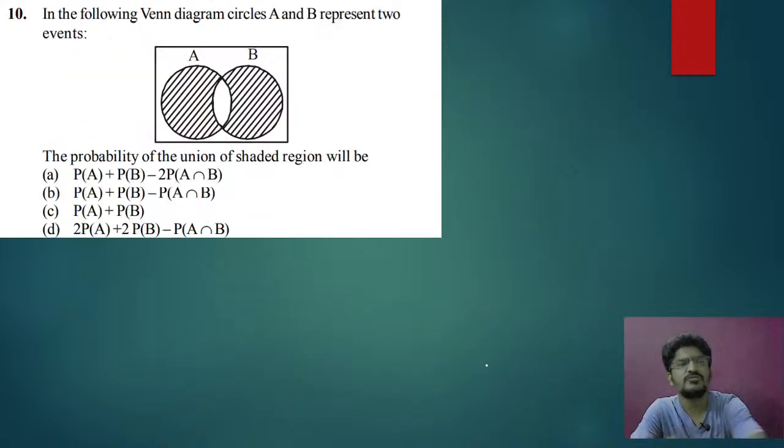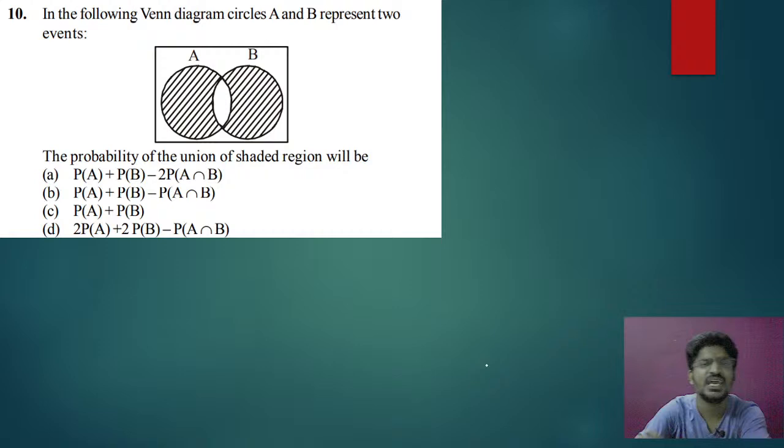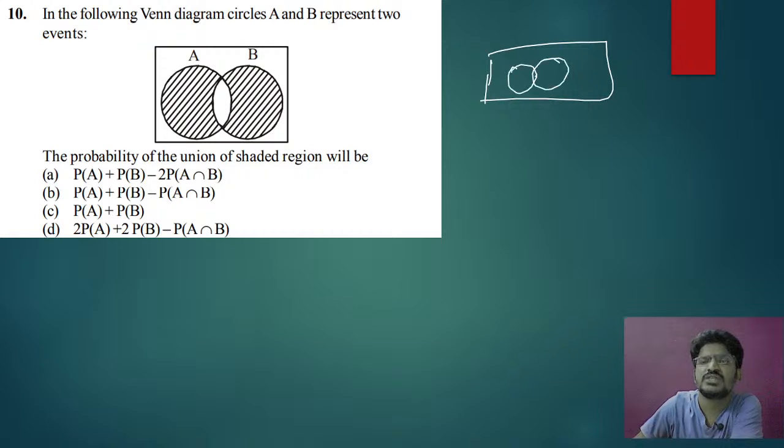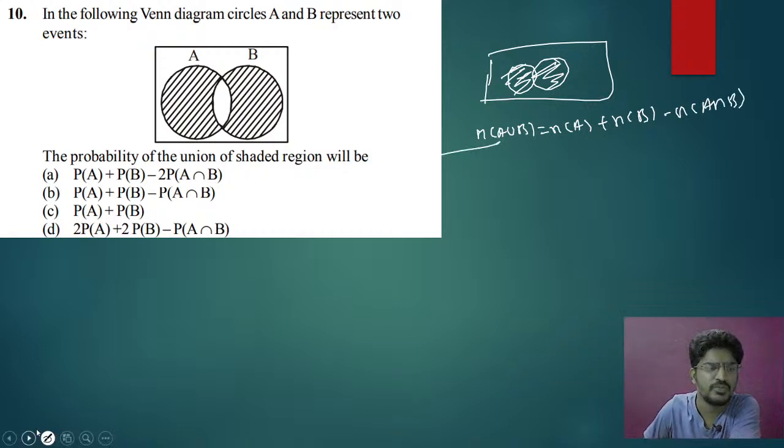See this. In the following Venn diagram, circles A and B represent two events. Which of the following is right? My dear students, from sets you know that the formula is N of A union B equals N of A plus N of B minus N of A intersection B. The same thing is applied here also.